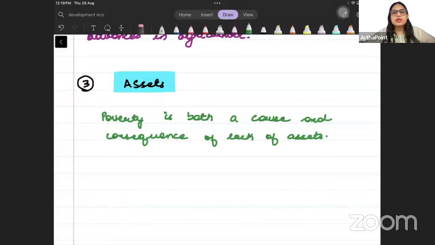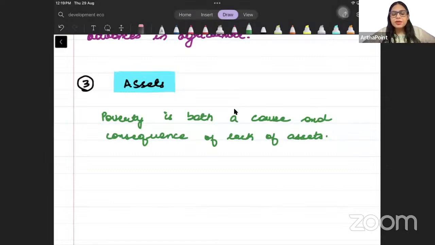What does this mean? Since we are poor, when a person is poor, the person will not be able to go ahead and buy any asset. So it is a consequence of poverty, that because someone is poor, they are not able to buy assets. That's a consequence. But it is also a cause of poverty. Why is it a cause?